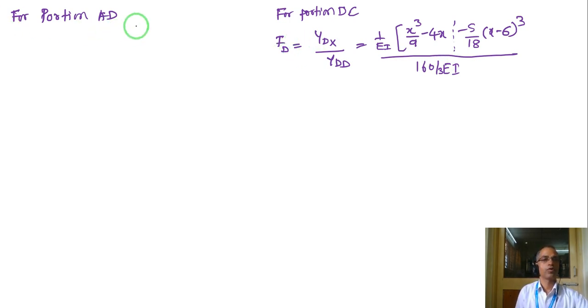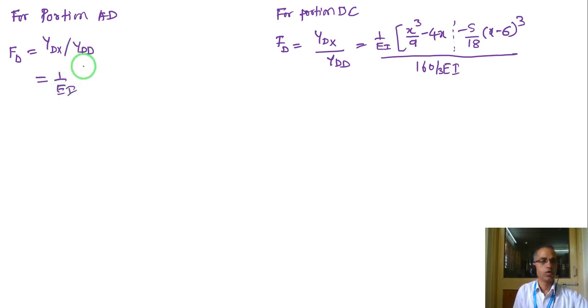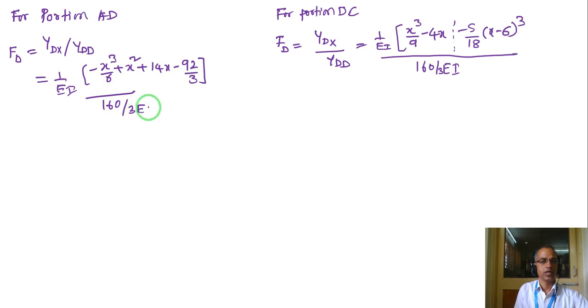Similarly, for portion AD, FD, the ILD ordinate for shear, is YDX by YDD. This is nothing but 1 by EI times YDD for portion AD, which was minus x cube by 6 plus x square plus 14x minus 92 by 3, whole divided by 160 by 3EI.